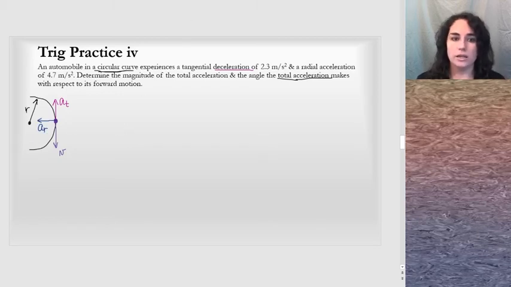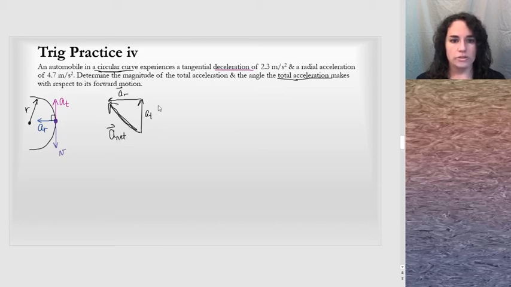And notice that when I do this, these two are perpendicular to one another. And when I add them together, you can use the polygon method. I have it drawn tail to tail here, but if I add them together head to tail, I can take a tangential, add on a radial, and I get a resultant acceleration, which we're going to call a net.